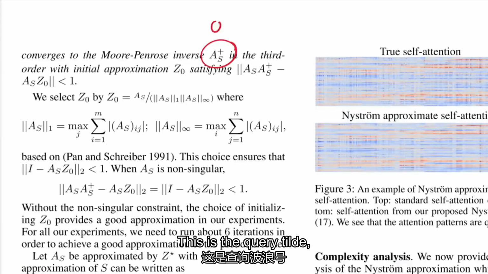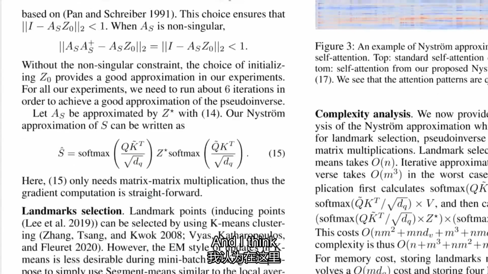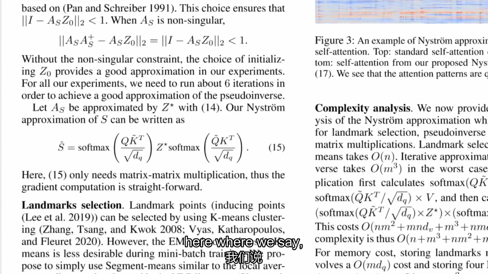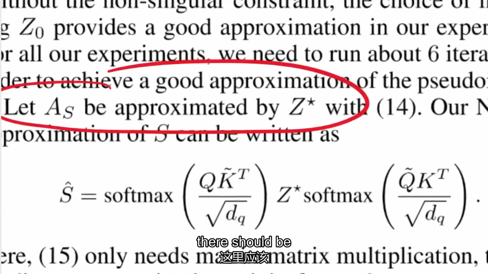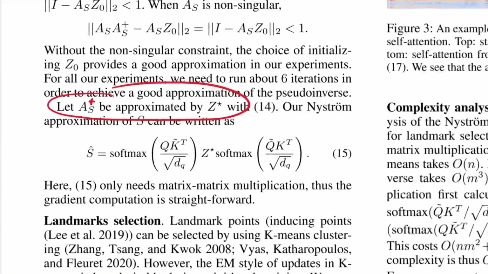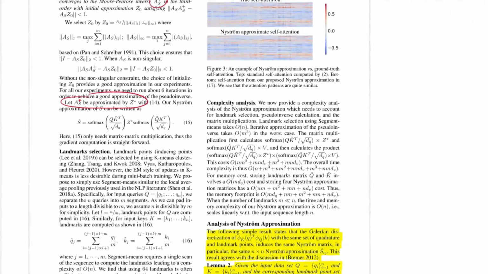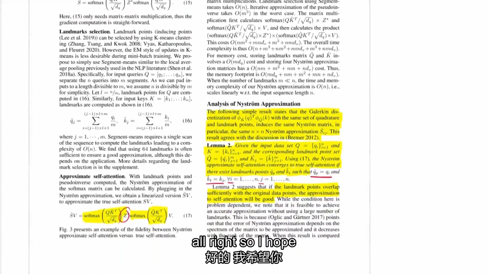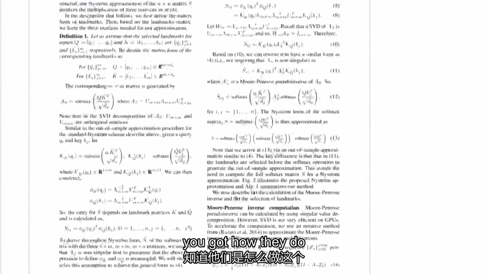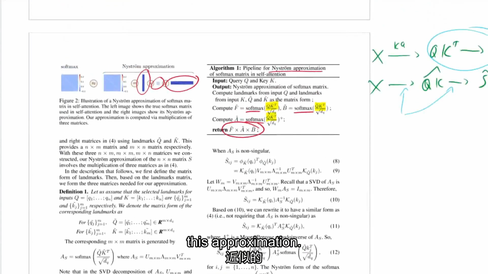This is the Q tilde K tilde. Yep. And I think here where we say let AS be approximated by Z star, there should be an inverse right here. Probably.